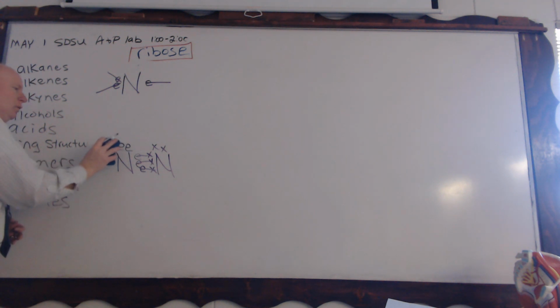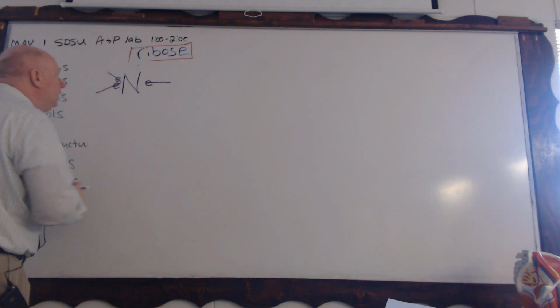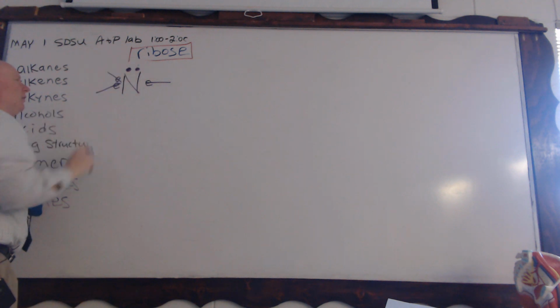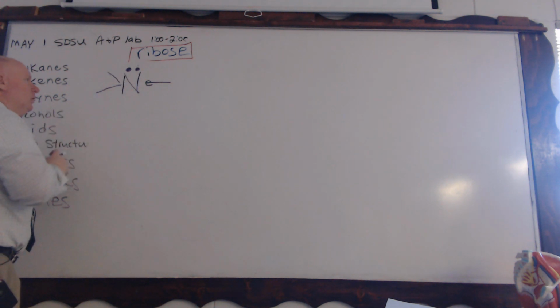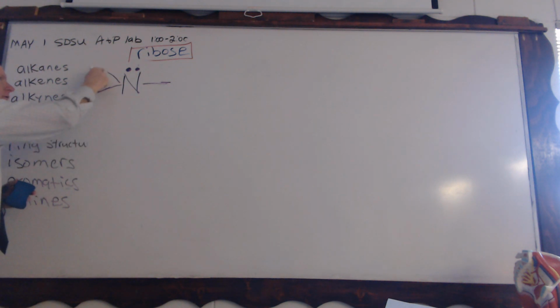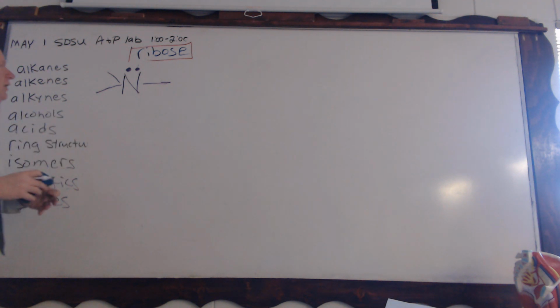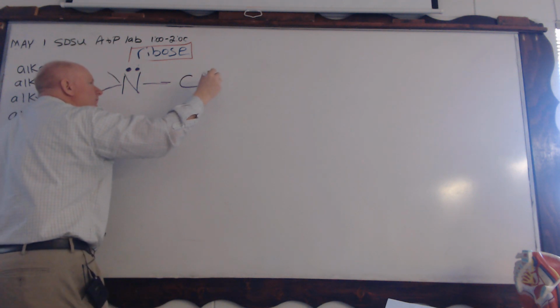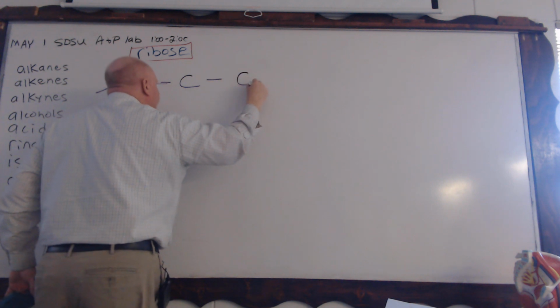So since there's 2 left in this, put a couple dots up there, okay? So then what can you presume that is bonded here? What are these atoms, if we're not showing anything? So NH2 is an amine group, okay? Then here's a carbon with another carbon.